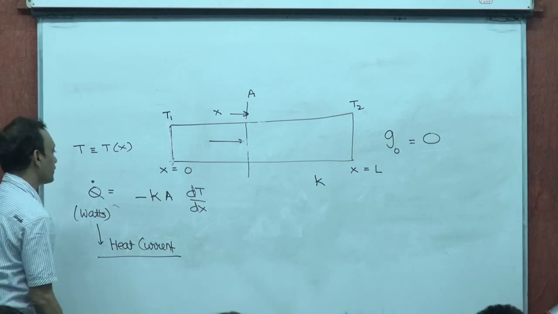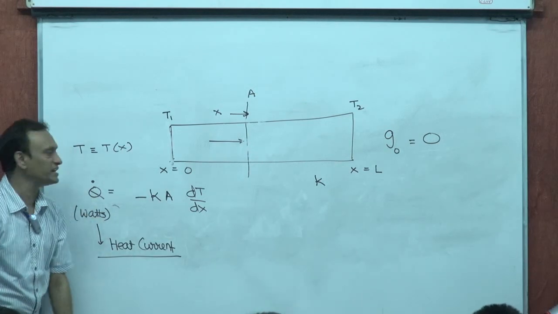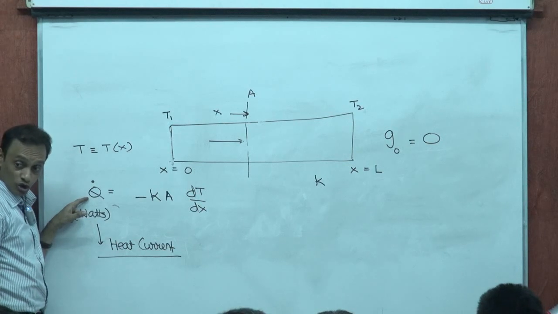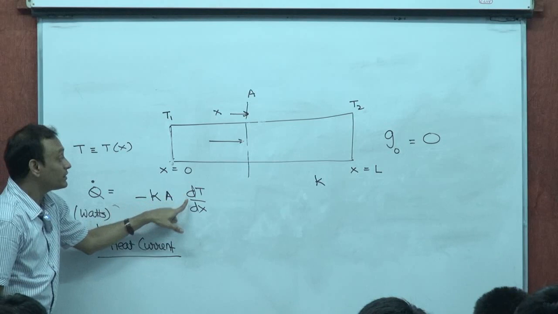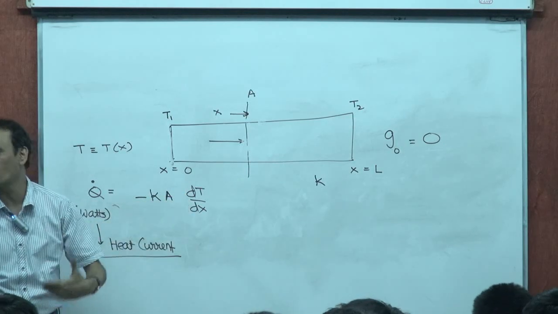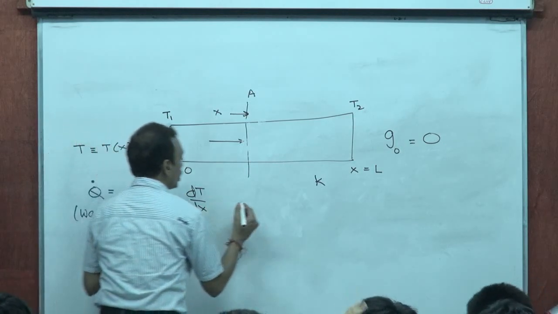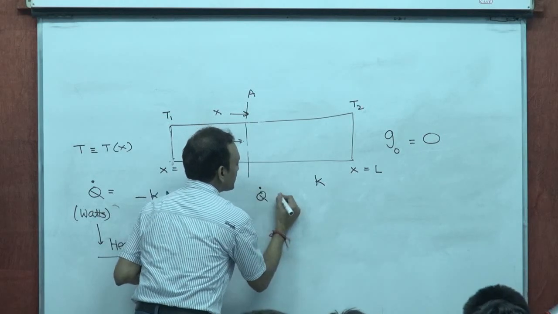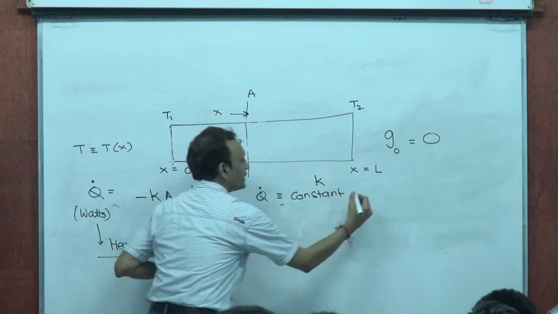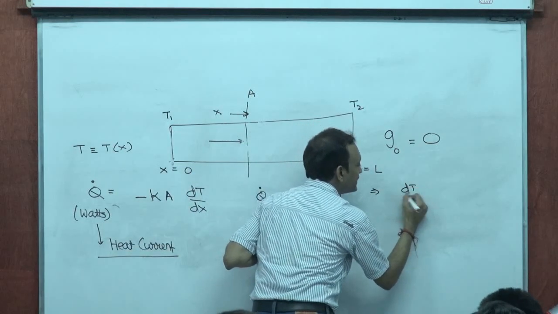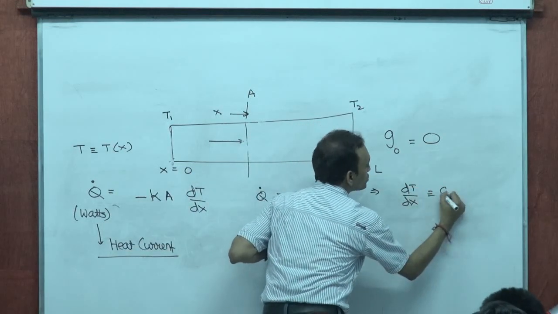So Q dot is a constant. Now, if Q dot is a constant, what does it mean? It means dT/dx is a constant. That means constant gradient. If Q dot is a constant under steady state conditions, then the temperature gradient is a constant.